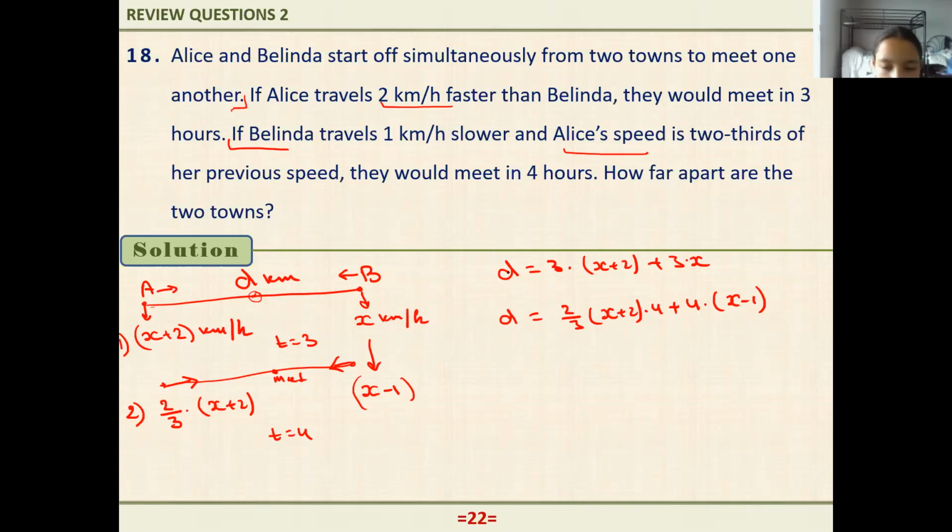So these two expressions for d must be the same. Now we have this equation: 3(x plus 2) plus 3x is equal to, multiplying 4 by 2, 8 over 3 times (x plus 2) plus 4(x minus 1). That is our equation.